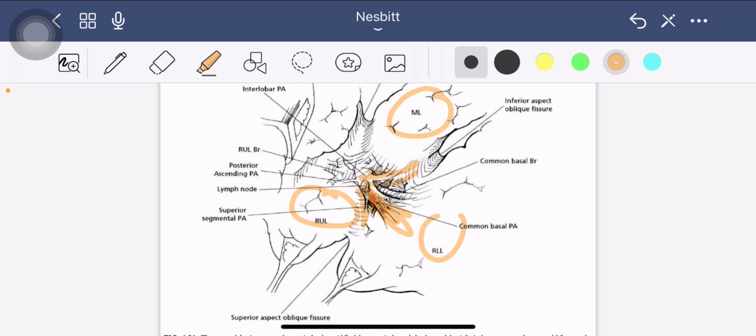Opposite to the superior segment pulmonary artery is the middle lobe pulmonary artery, and this is the common basal branch of the pulmonary artery. This is the right upper lobe bronchus, this is the posterior ascending pulmonary artery, and the interlobar pulmonary artery.